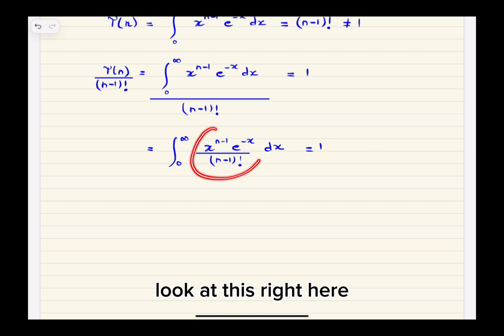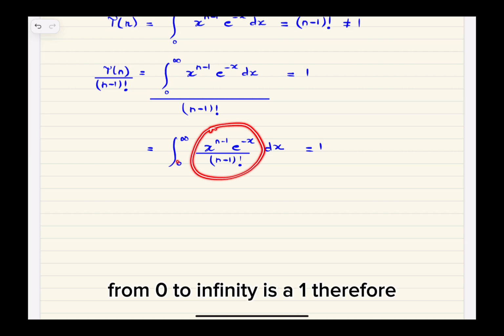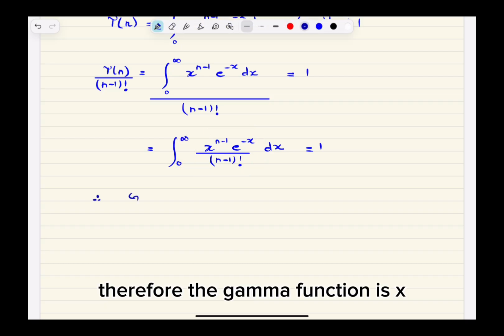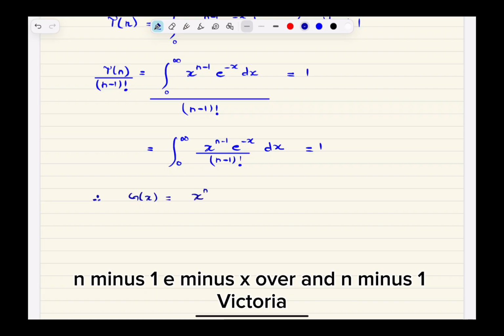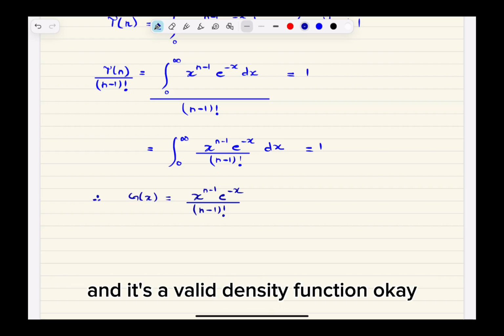Look at this right here: the integral of this expression from 0 to infinity is 1. Therefore the gamma density function is x^(n-1) e^(-x) over (n-1) factorial. So there you have it, and it's a valid density function.